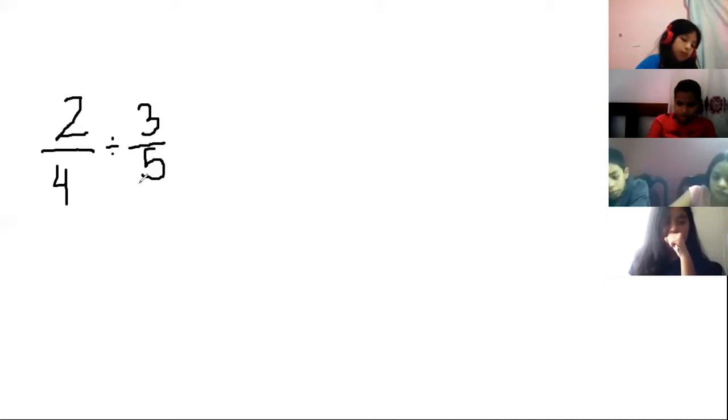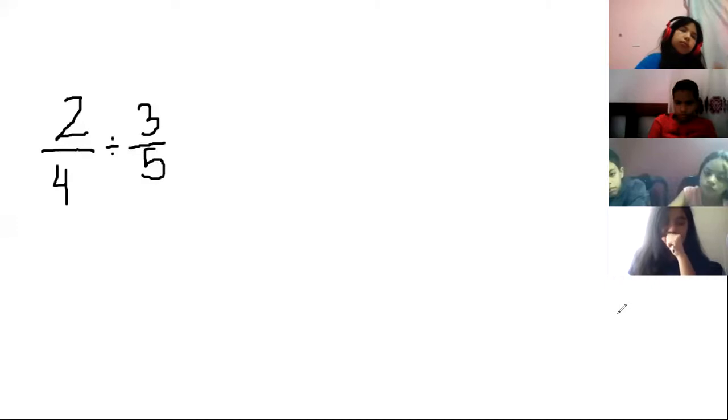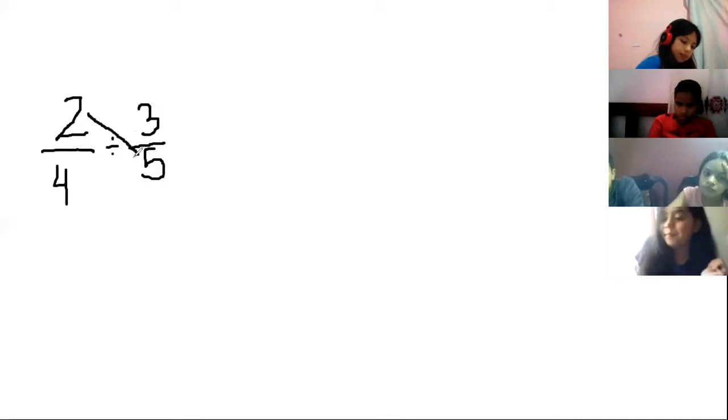But if that is too much, what is the only thing you have to do? You can make a cross multiplication. What is the meaning? The 2 will multiply 5, and the 4 will multiply 3, and that is the only thing you have to do.